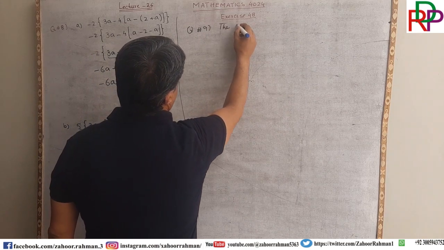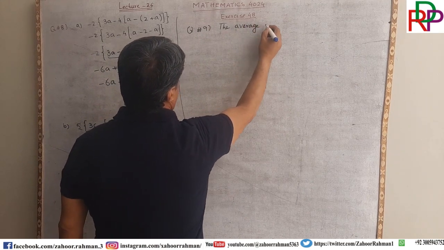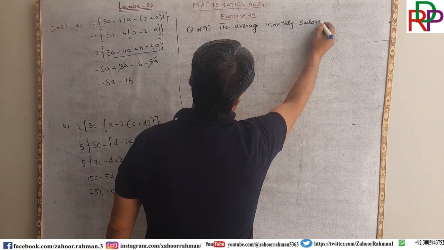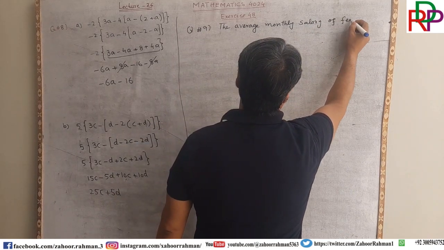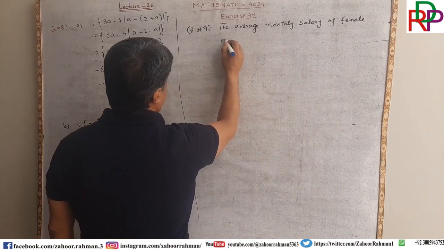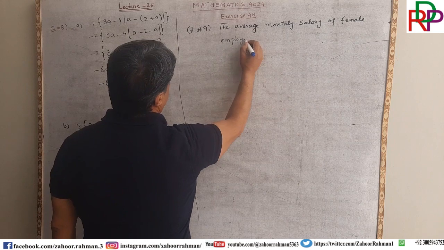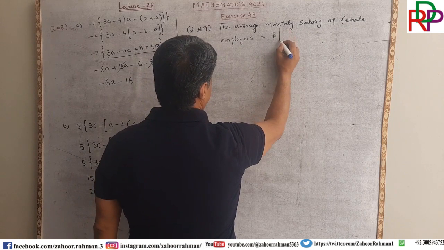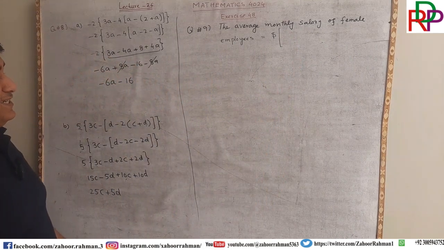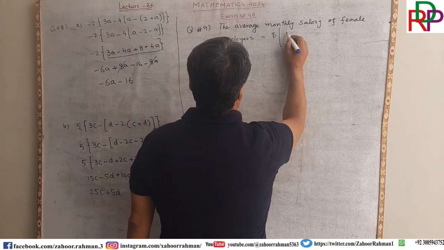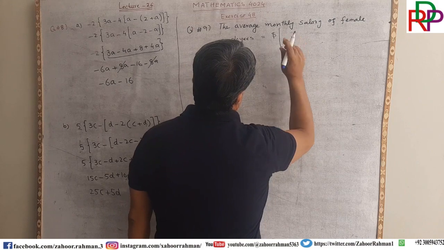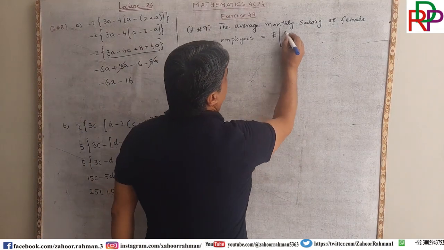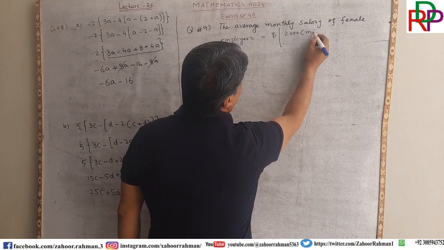The average monthly salary of female employees is equal to dollar, and then I am writing first the total salary, because $2,000 is given of male plus female.